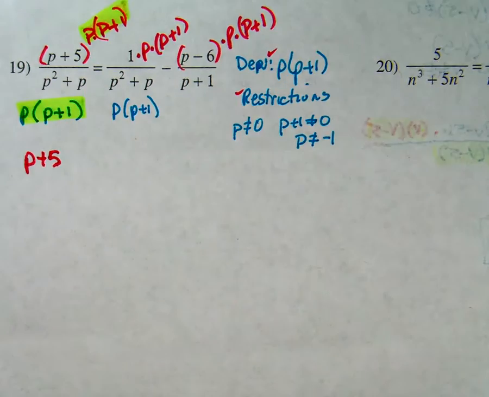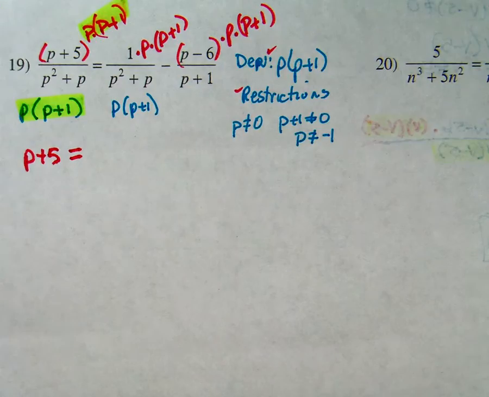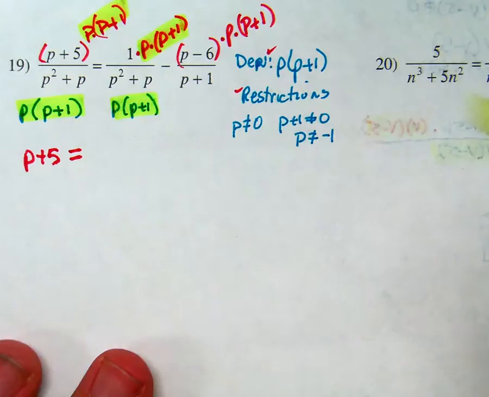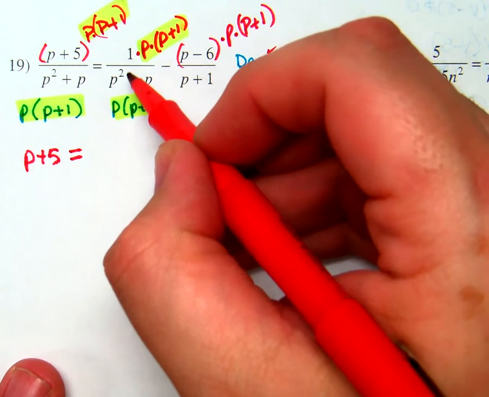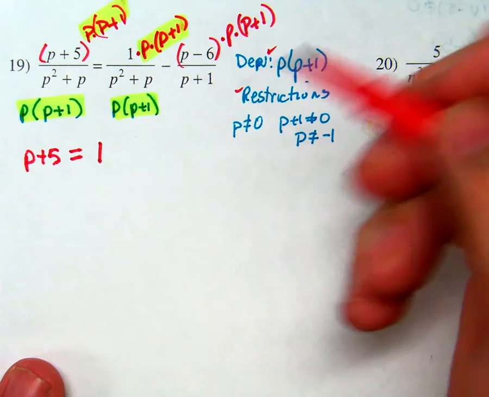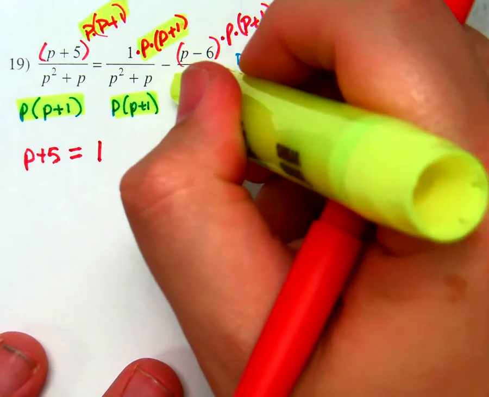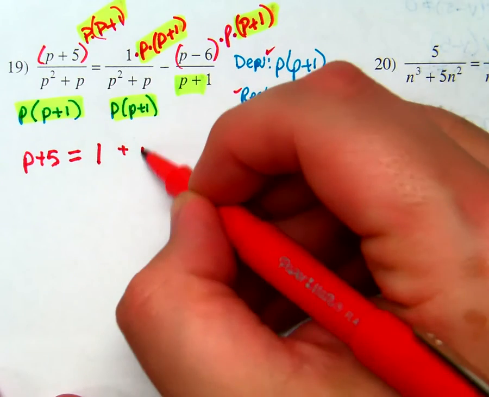Now, what can I do with the second one? That's an equal sign, so make sure you put your equal signs. Everything will stay all one, so everything's gone except for 1. Now the p plus 1 is gone, so this is going to be plus p times p minus 6.